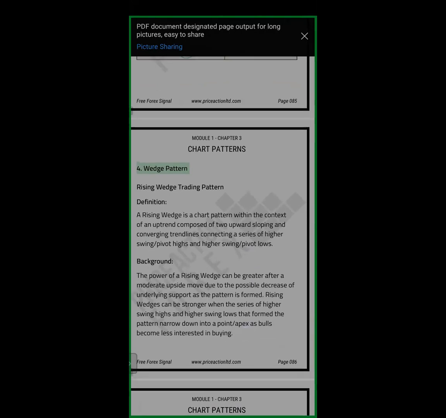All right, a rising wedge actually appears within the context of an uptrend, but bear it in mind, rule number one, a rising wedge is a what? A bearish pattern. A sell pattern. All right. But it actually appears in the context of a what? Uptrend.